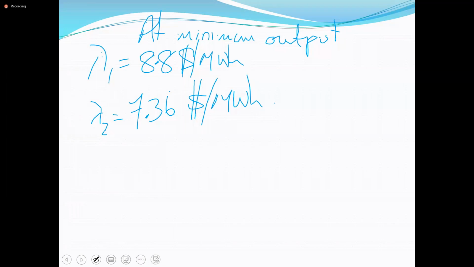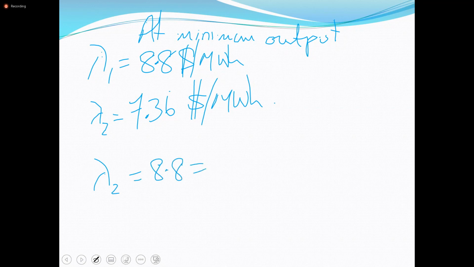But we need to first determine how many additional megawatts we can get from unit 2 before it becomes as inefficient as unit 1. So to determine that, we are going to set lambda 2 to $8.80.